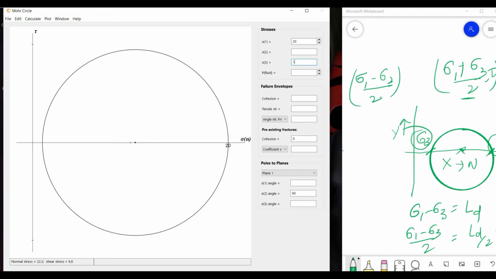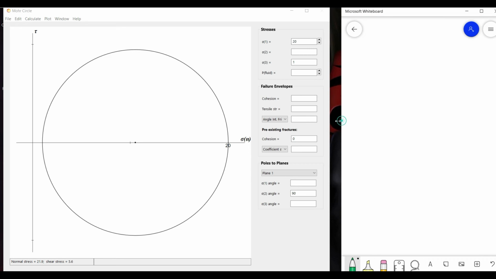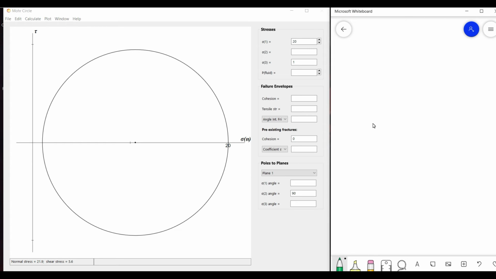This is also very easy to explain, because the length of the radius is sigma 1 minus sigma 3 by 2. So keeping sigma 1 constant, if we decrease the value of sigma 3, then the length of the radius will also increase. I am saying this because there is a very important application of this increase in the size of the Mohr circle.